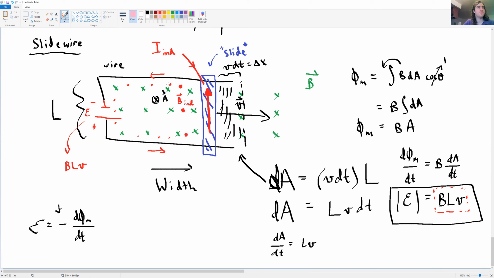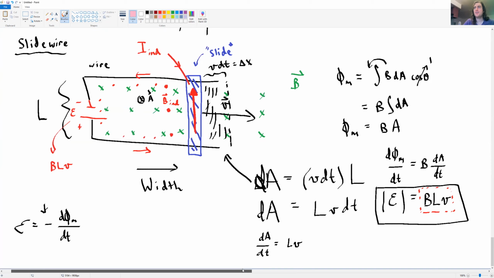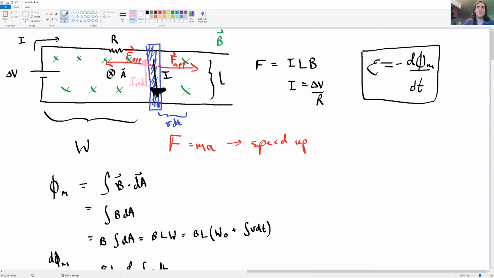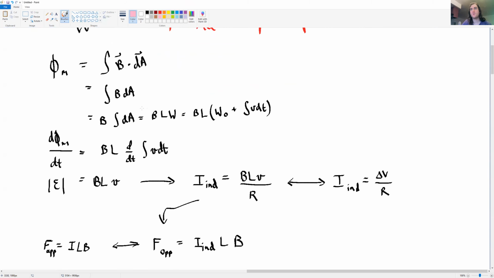That's going to be the induced magnetic field, so it opposes the change. If we oppose the change like that, with an induced current like that, then there's going to be an opposing force as well, and that opposing force is due to the induced current. That's what we just went through here.